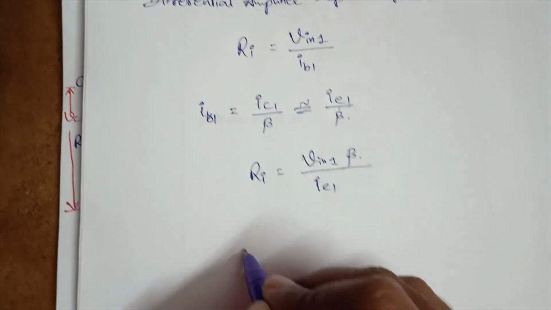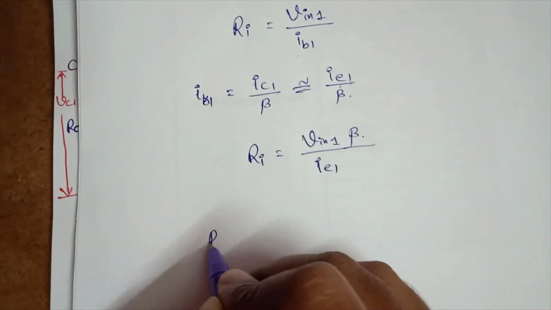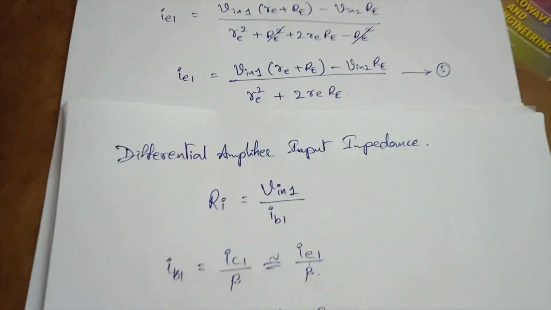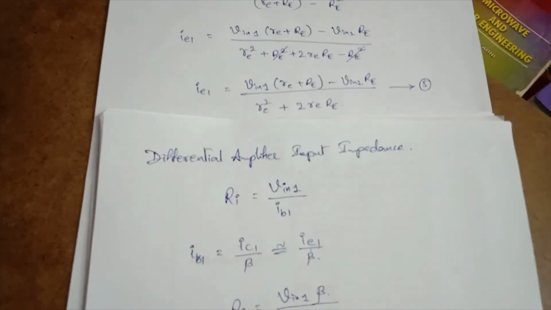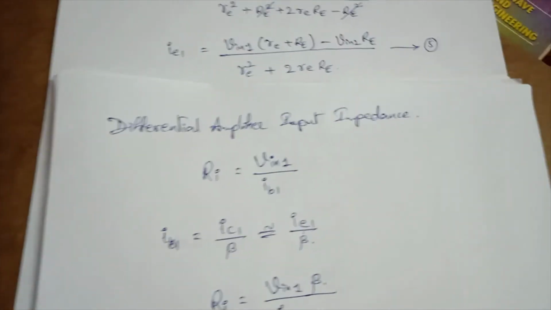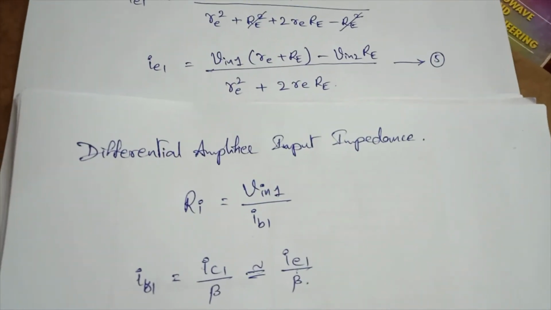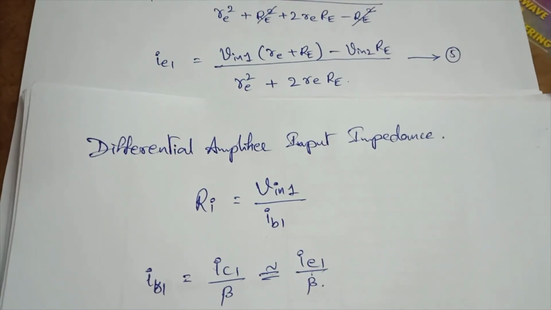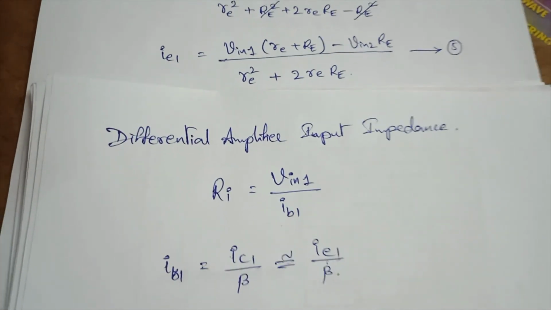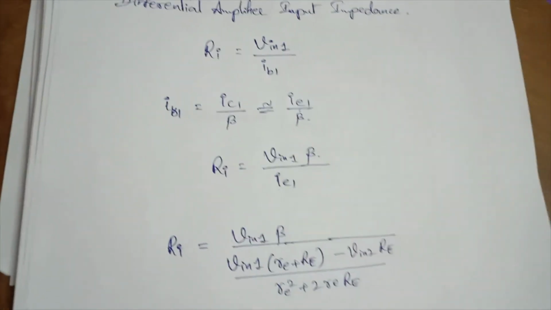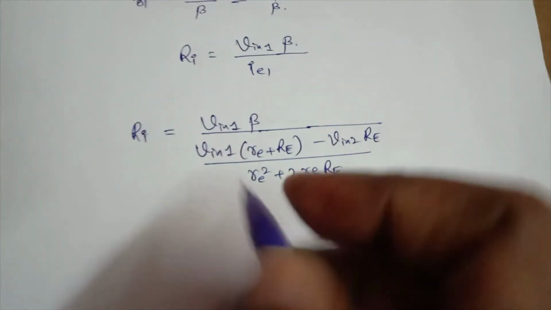Now substitute the IE1 value here from equation 5. IE1 is equal to V in 1 into RE plus capital RE minus V in 2 into RE divided by RE square plus 2RE into RE. So now simplify this equation.